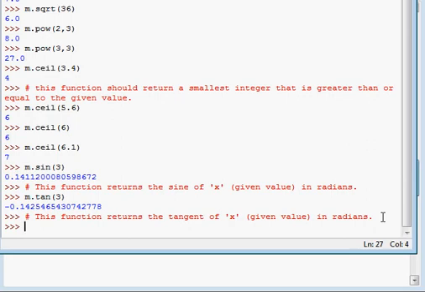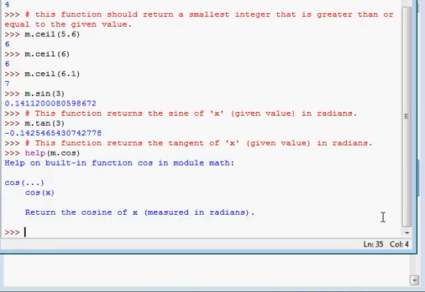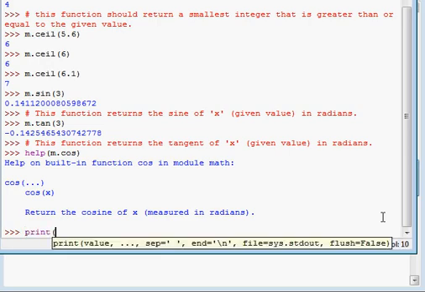And there is one more function, I'm not saying that it is a part of math function, that is the help function. You can use help function also if you want to ask anything about any function. For example, if I want to ask help about m dot cos function, I can write it here, or you can also write it by saying print help m dot cos.